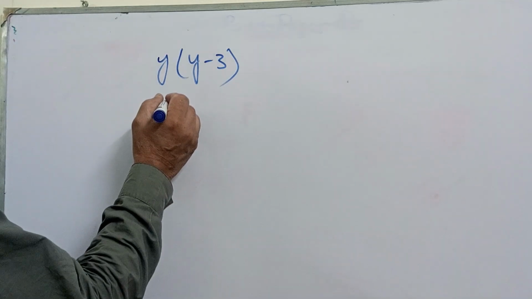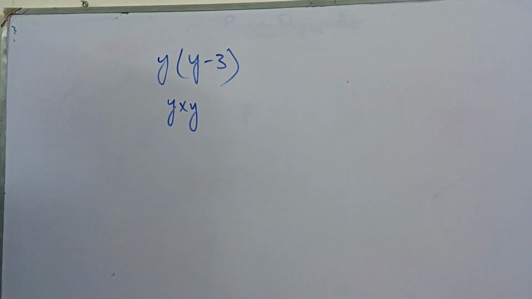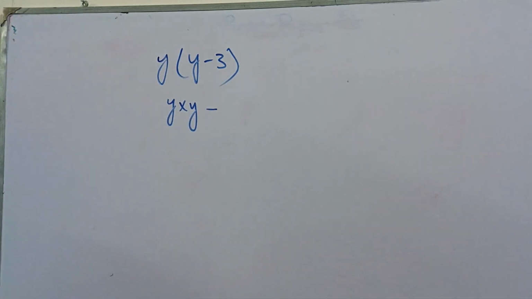So we multiply y with y, and then put on the sign which is coming.